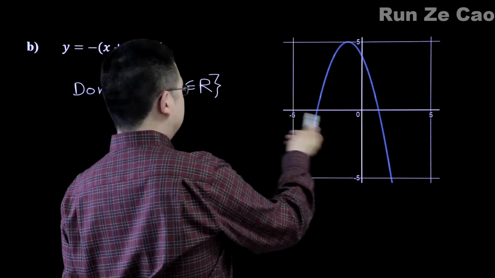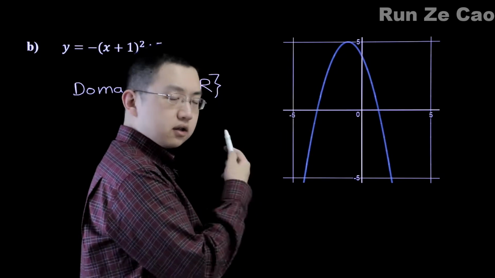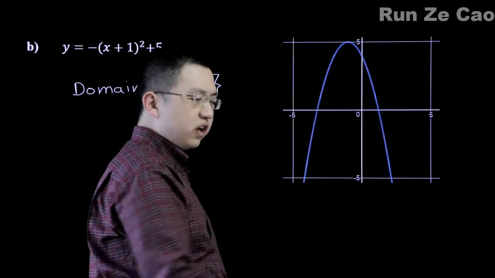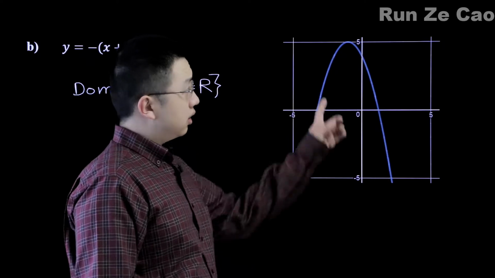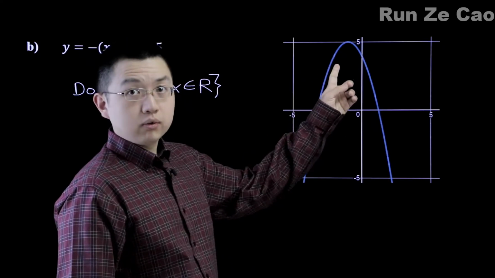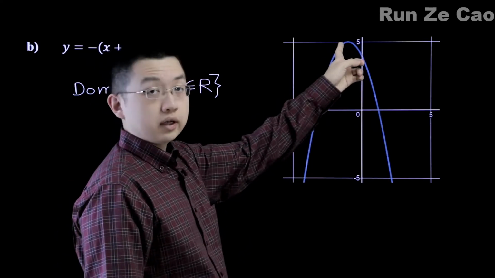Now, what about the range? We see that at positive or negative infinity for x, the y goes to negative infinity. Okay, where does it go up to, though? It only goes up to including 5.